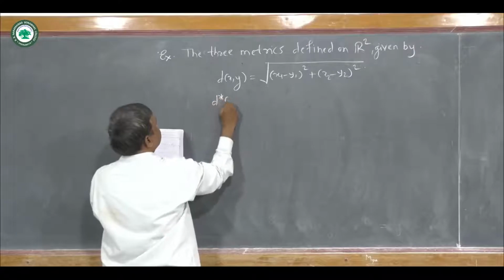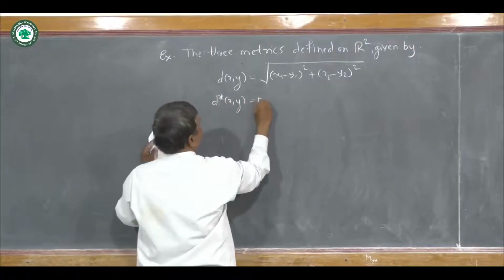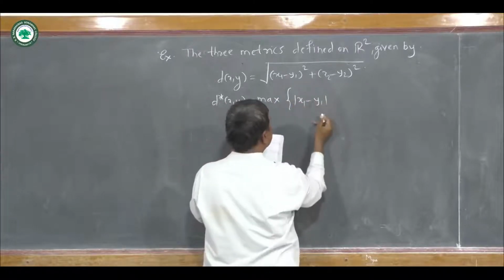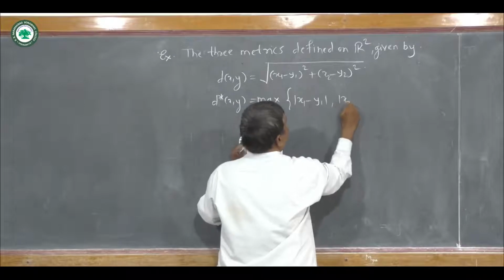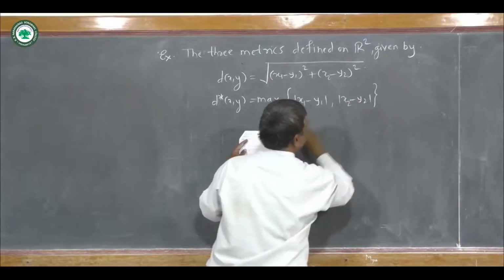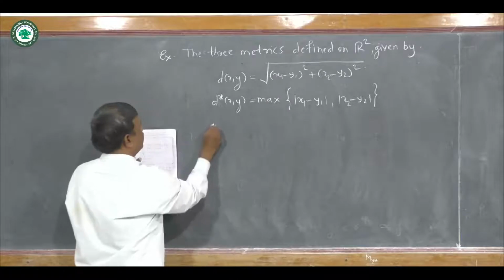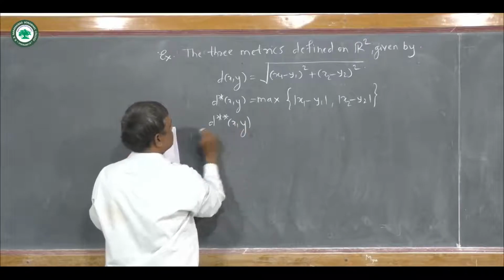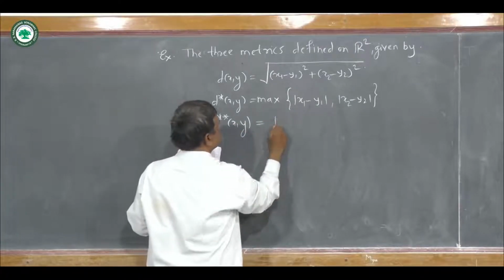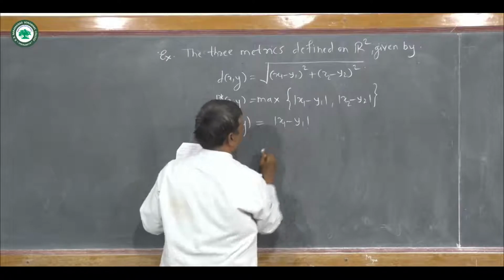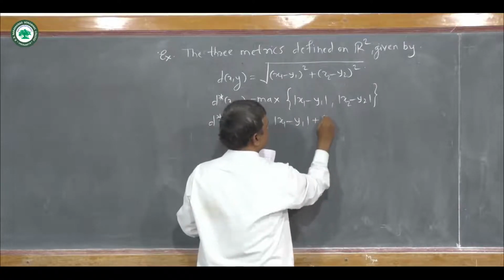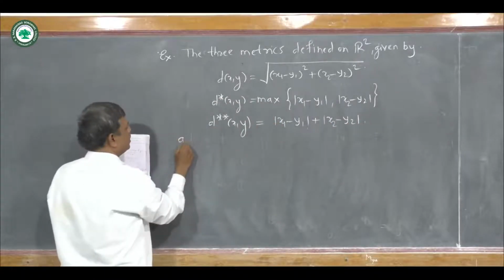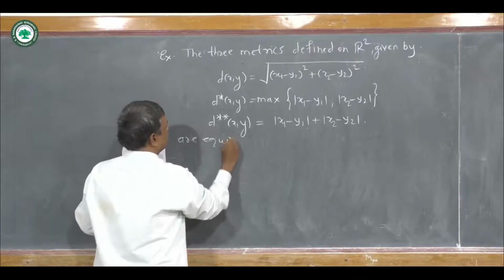Then D star of X comma Y is equal to the maximum of the modulus of X1 minus Y1 and the absolute value of X2 minus Y2, and the third metric function is D star star of X comma Y is equal to the absolute value of X1 minus Y1 plus X2 minus Y2. Now these three metrics are equivalent.